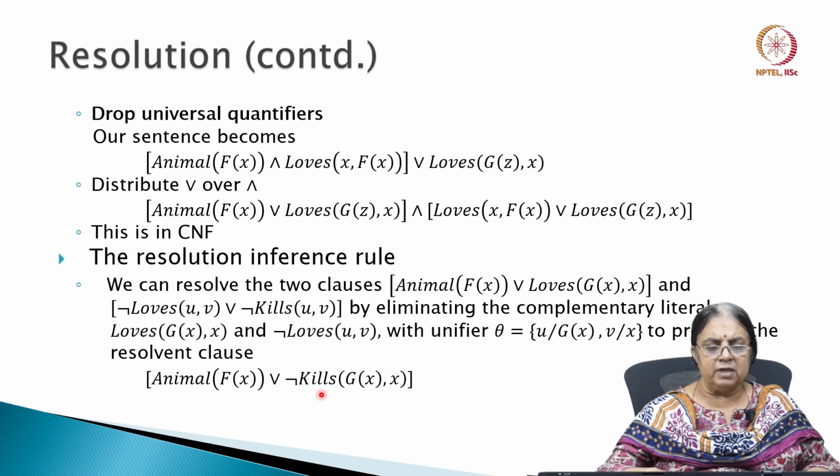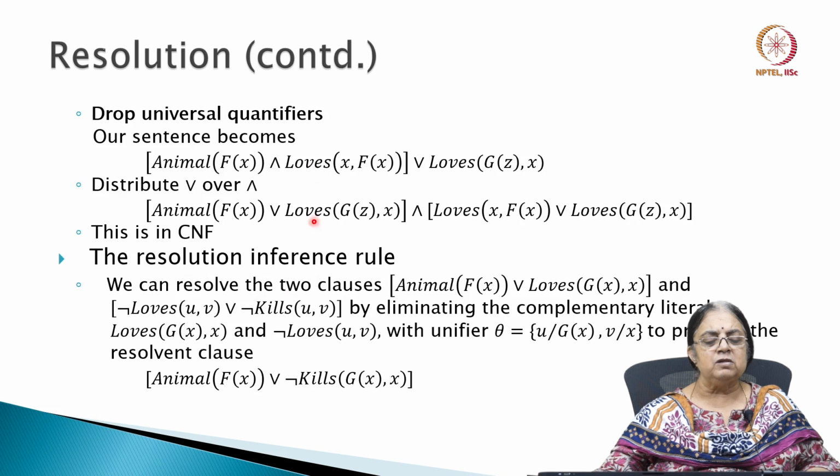Then next step, you are dropping the universal quantifier. So the universal quantifier which was outside, you remove it. So you get this sentence, and then distribute and over or. So what do you get? You use that law of distribution, right? We saw earlier, just like in algebra, etc. Distribution. How do you do that?